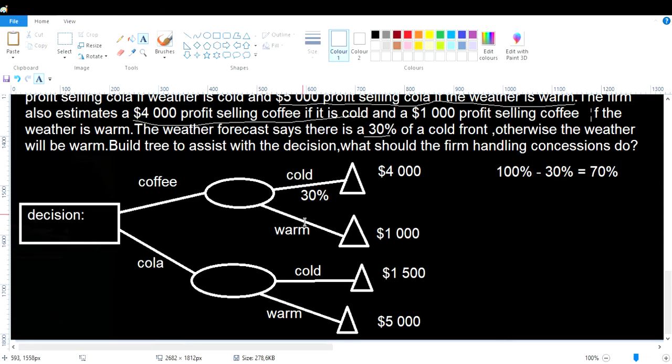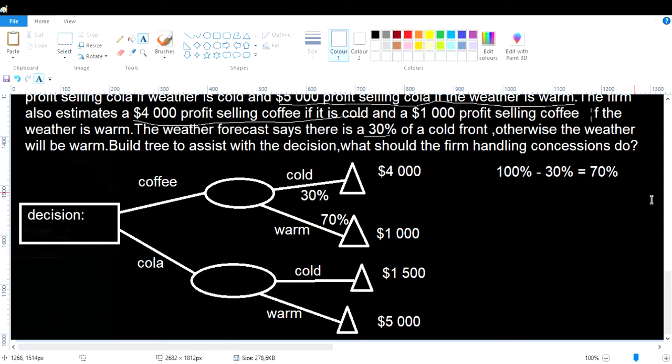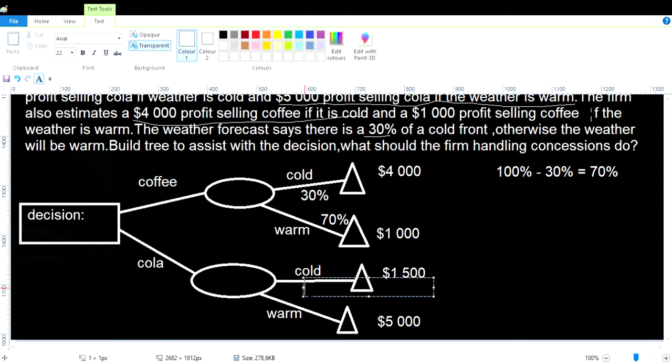And here I'm going to write 70%. Here we have 30%, and then here is 70%.